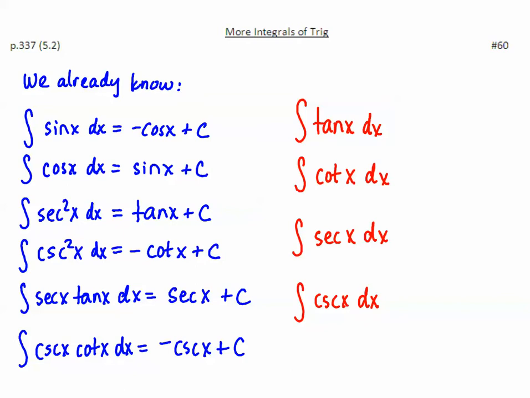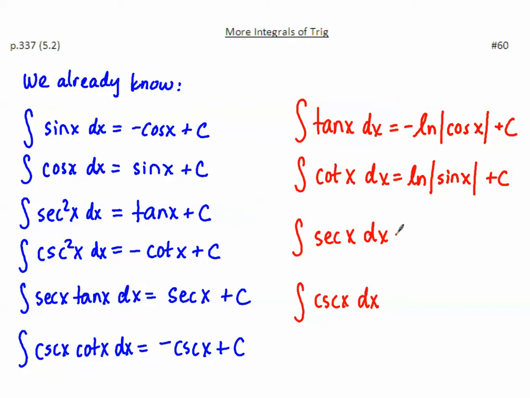Not a big deal. So let's do it. The antiderivative of the tangent of x is the negative natural log of the absolute value of the cosine of x. Of course, all of these plus c. The antiderivative of cotangent of x is the natural log of the absolute value of the sine of x, plus c.